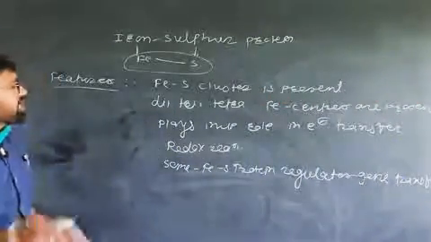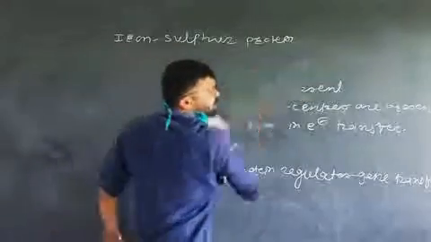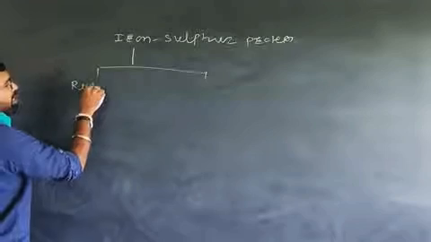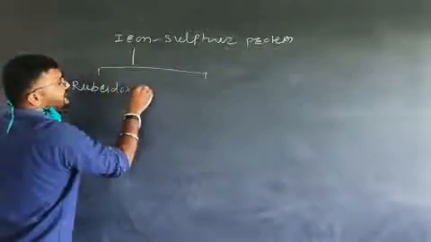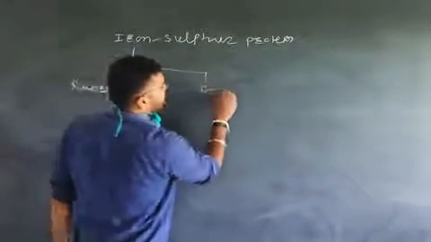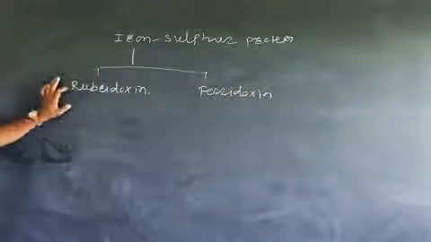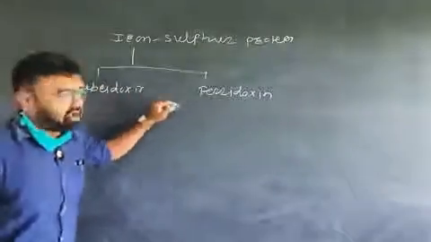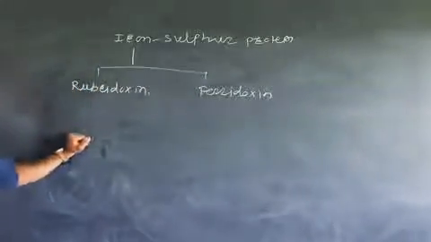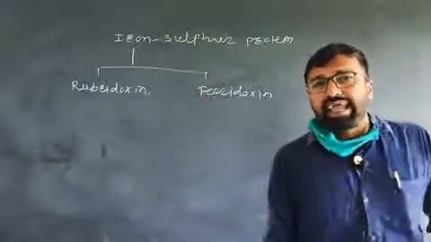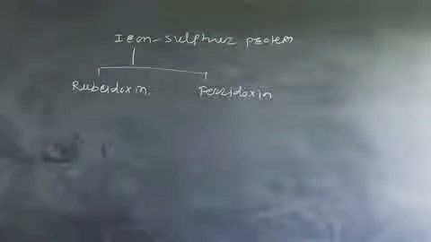Now if you think about the classification of iron sulfur protein, it is divided into two categories. The first category is rubredoxin, and the second category is ferredoxin. We want to study rubredoxin and ferredoxin in detail, according to not only the Uni Pune syllabus but also for IIT JAM, GATE, NET, SET, PET examinations too.